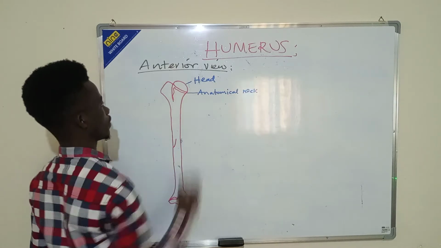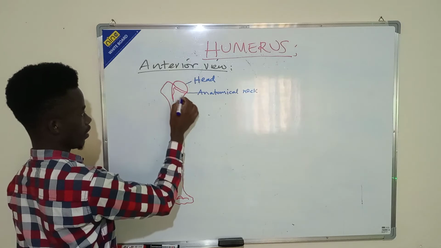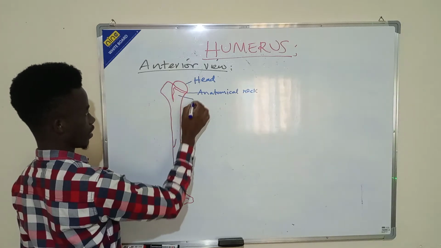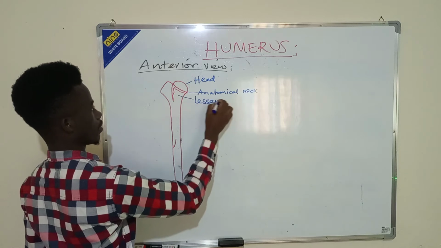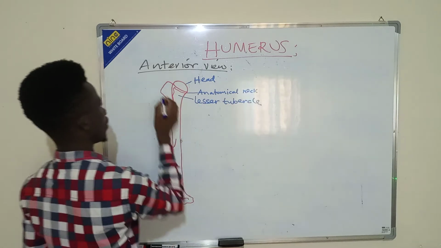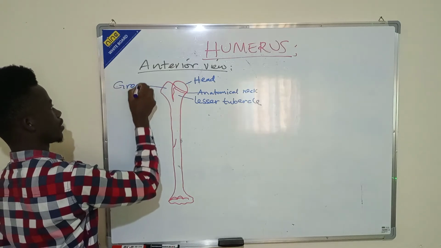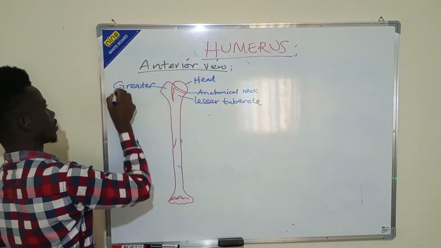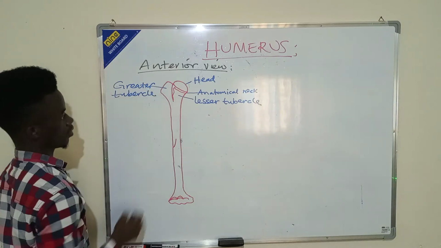Below the anatomical neck, we have the lesser tubercle, and up here we have the greater tubercle. These are important muscle attachment areas.